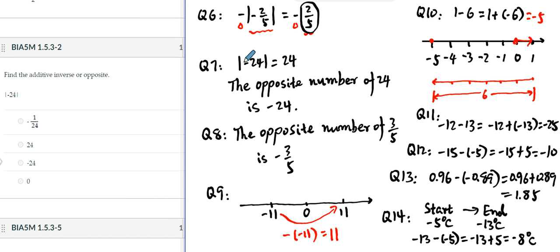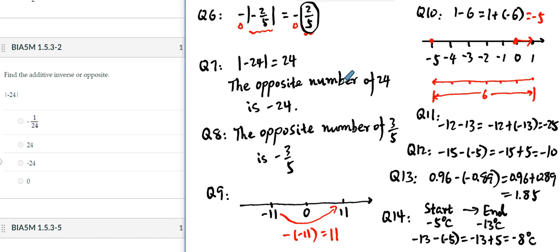So here, the answer is 24. Now we are not done yet. We want to find the opposite number of 24, because here we need to find the additive inverse, the opposite, of this number. Because the absolute value of negative 24 is actually 24.